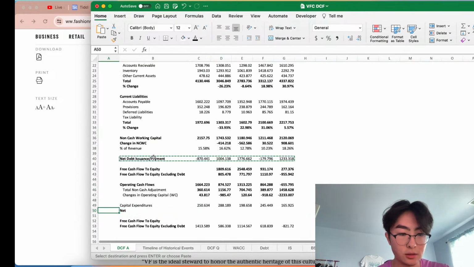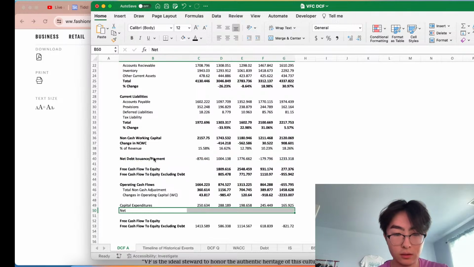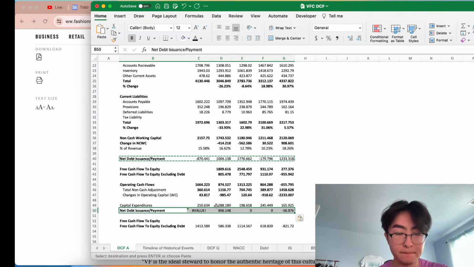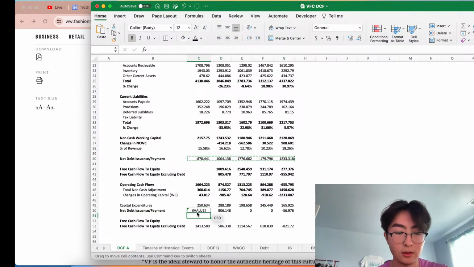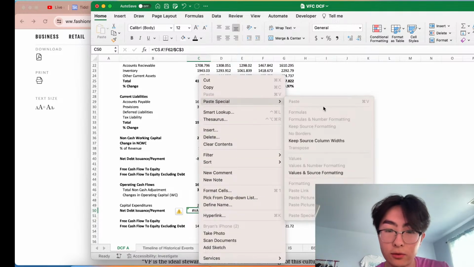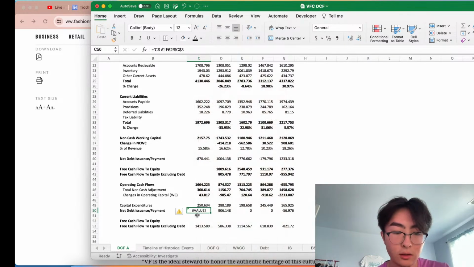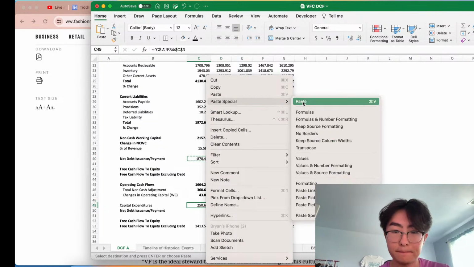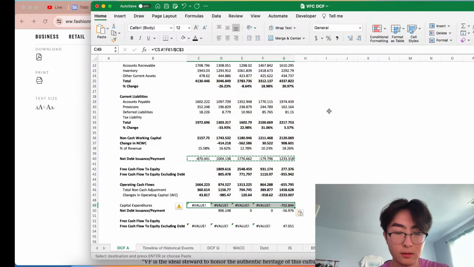Oops. Oh, wait. Can I paste special formulas? Oh.